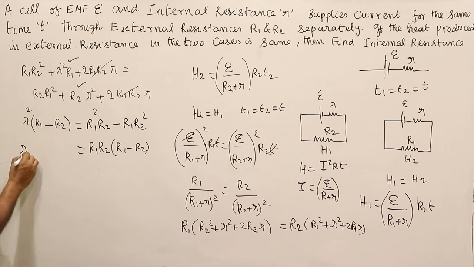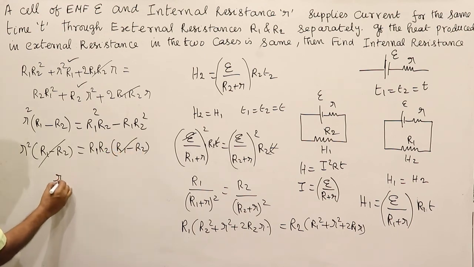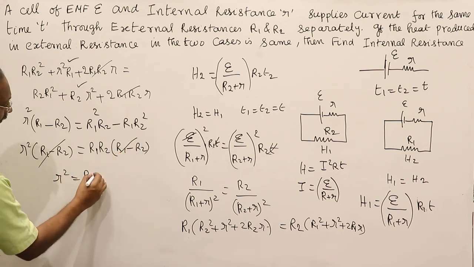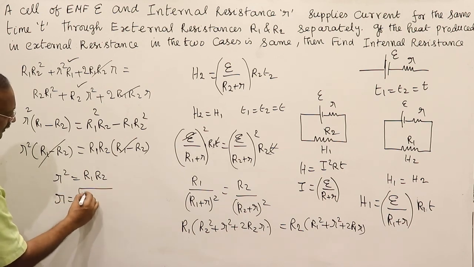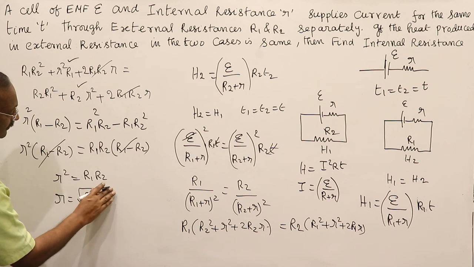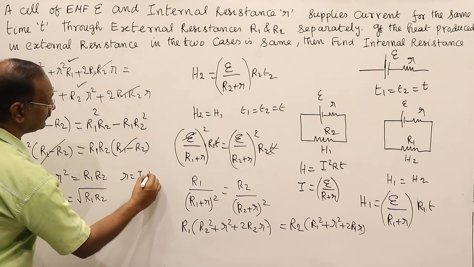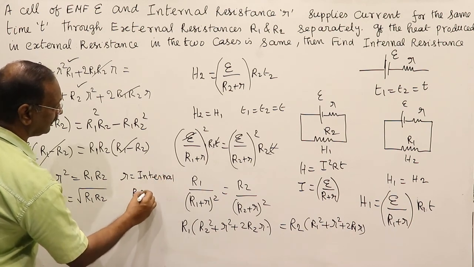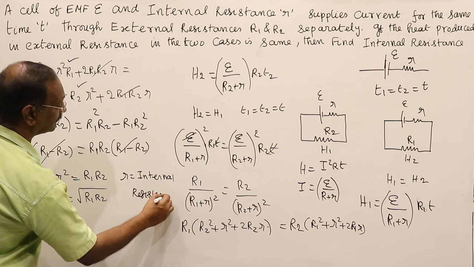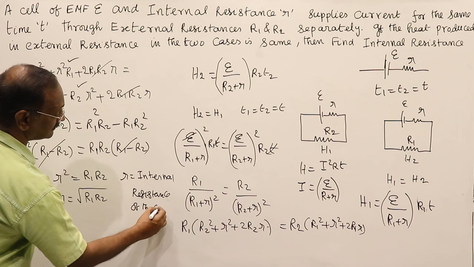So R square into R1 minus R2 equals R1 R2 into R1 minus R2; cancelling, R square is equal to R1 into R2. Or the internal resistance R is equal to the square root of R1 R2, where R is the internal resistance of the cell.